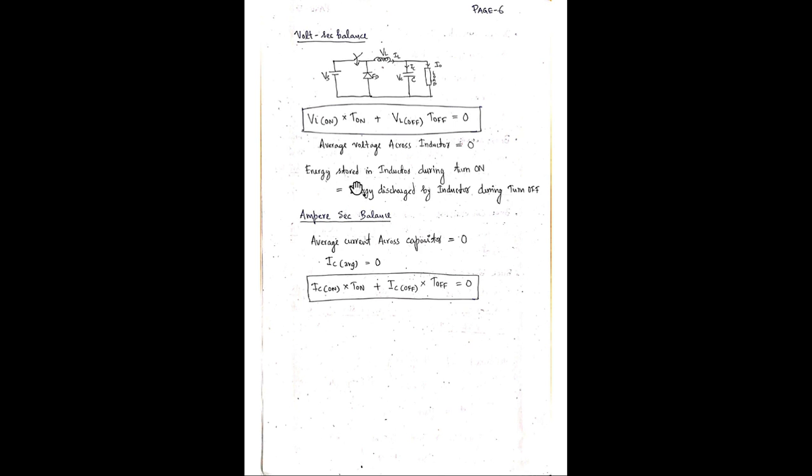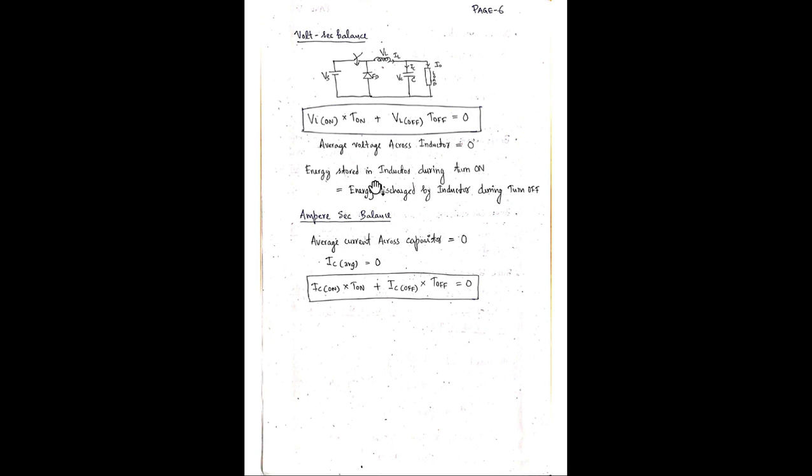So energy stored in the inductor during turn on will be equal to energy discharged by the inductor during turn off. Okay, so during turn on, the switch is closed, so due to this Vs, the inductor will be charging, and during turn off, the switch is open. This freewheeling diode will become short circuited, and the inductor will reverse its polarity, and the charge stored in the inductor will be discharged across this load.